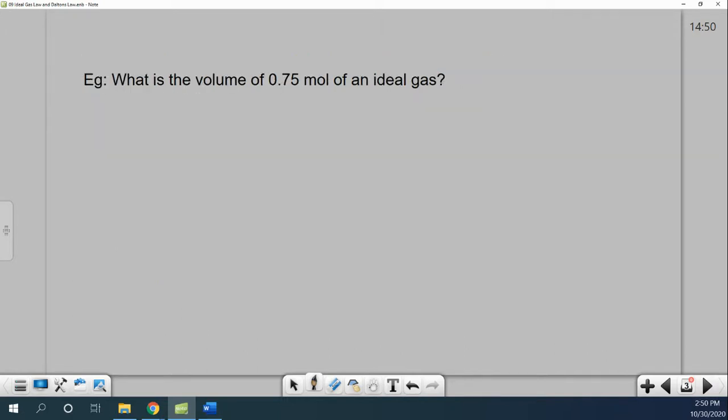So, what is the volume of 0.75 moles of an ideal gas? All right, well, I've got 0.75 moles. I need to change out of moles and into volume. What's volume measured in? Well, liters. And I know that 1 mole is always 22.4 liters.